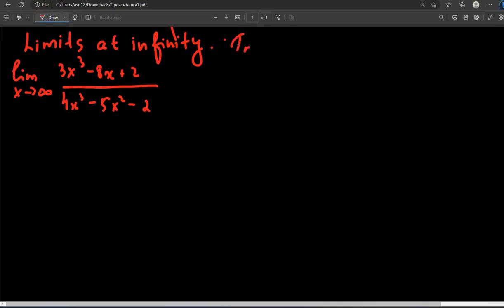What I mean by the trial method is that we should check whether this form is indeterminate. Indeterminate means infinity over infinity or 0 over 0, for example. But in our case, we are given infinity, right? So we should check whether it is an indeterminate or determinate form.